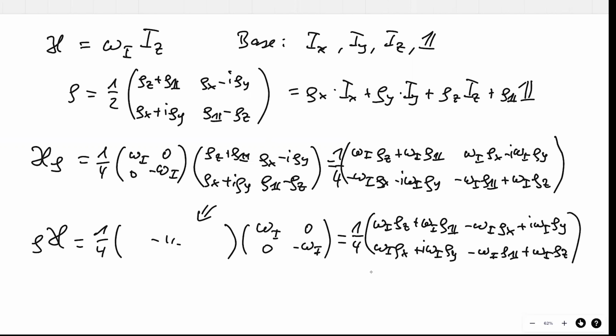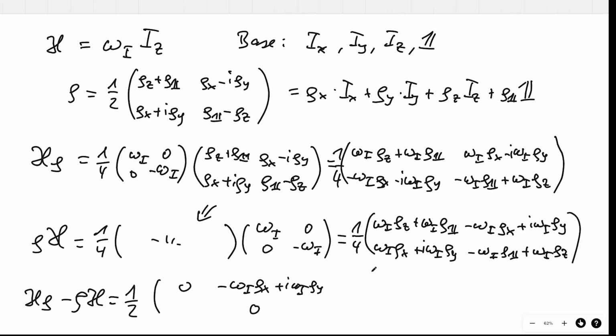So then we have now the difference, it's 1/2, that is 0, 0, minus omega I rho x plus I omega I rho y, and down here we have minus I omega I rho y.